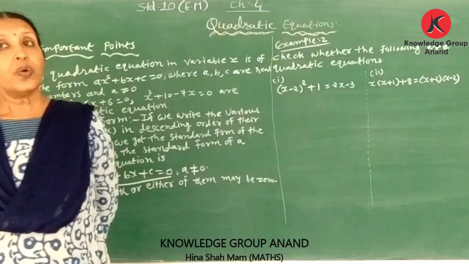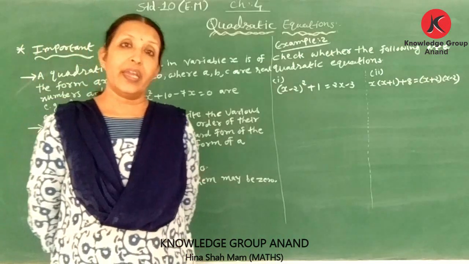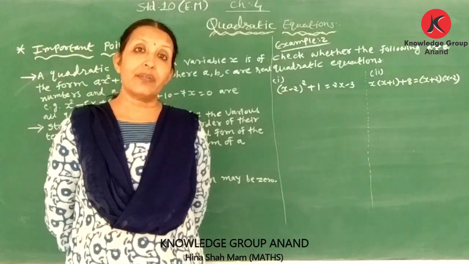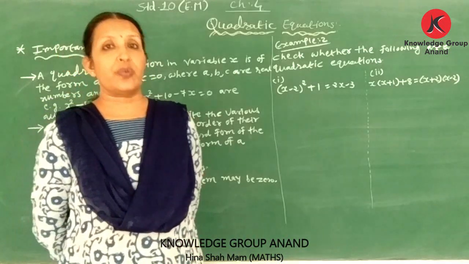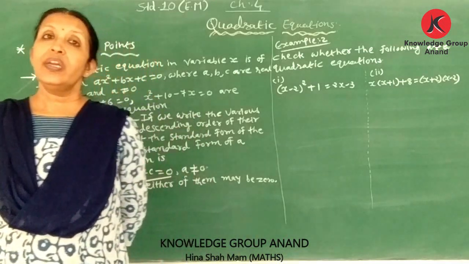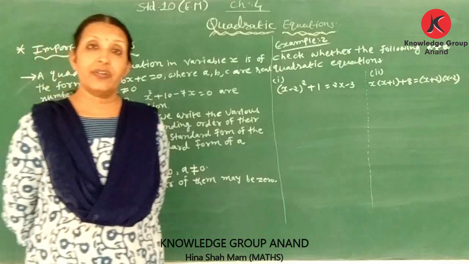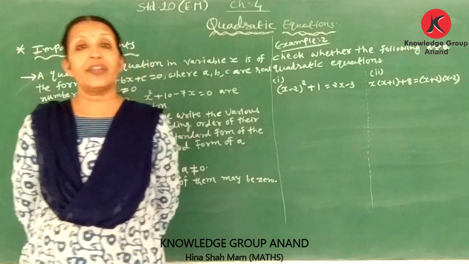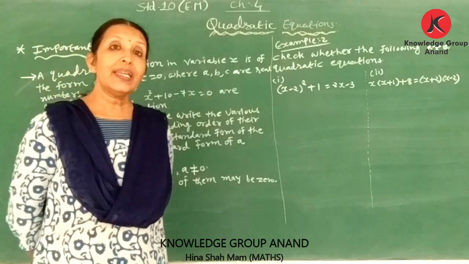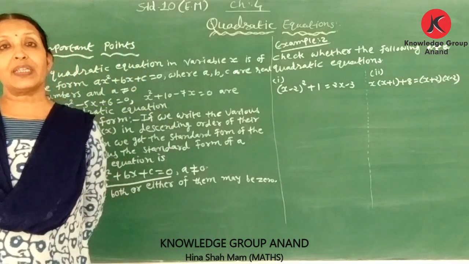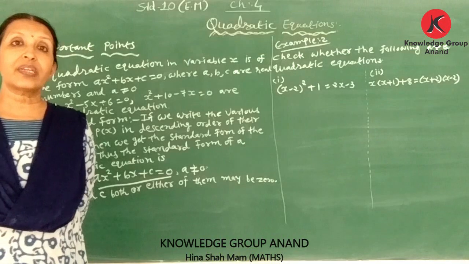We know quadratic polynomial is ax square plus bx plus c. If it is equal to 0, we get the result in the form of a quadratic equation. The polynomial is ax square plus bx plus c, a is not equal to 0.